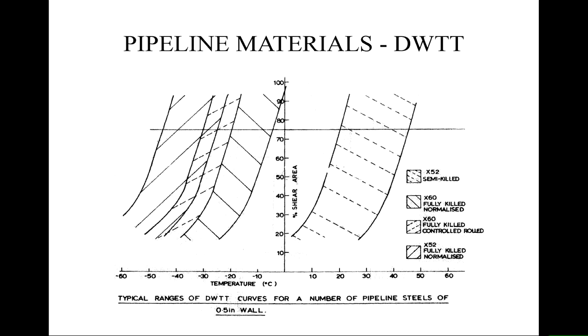Okay, so we've got these different materials that have been developed over different periods of time, and they've got mechanical properties that vary, and you can compare different ones. And this is a case just where we're comparing the drop weight tear test shear area, so it's assessing the ductile to brittle transition behaviour of the different materials.